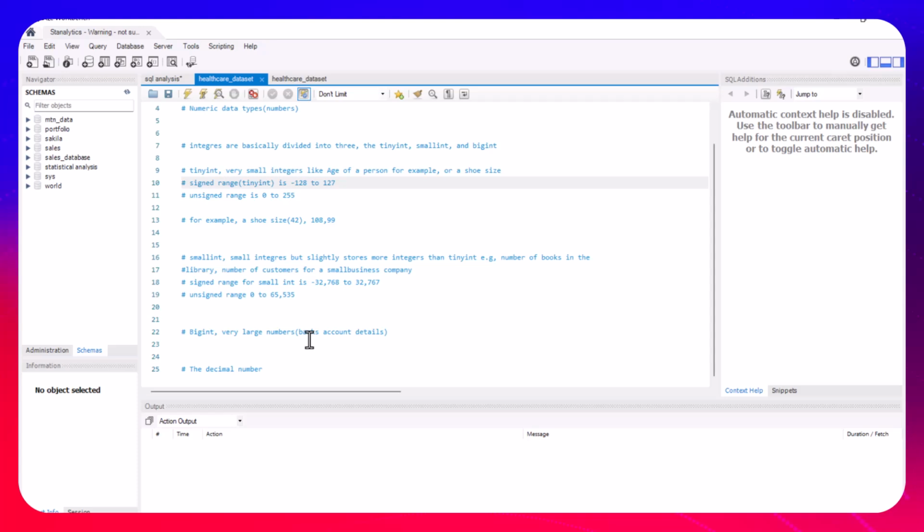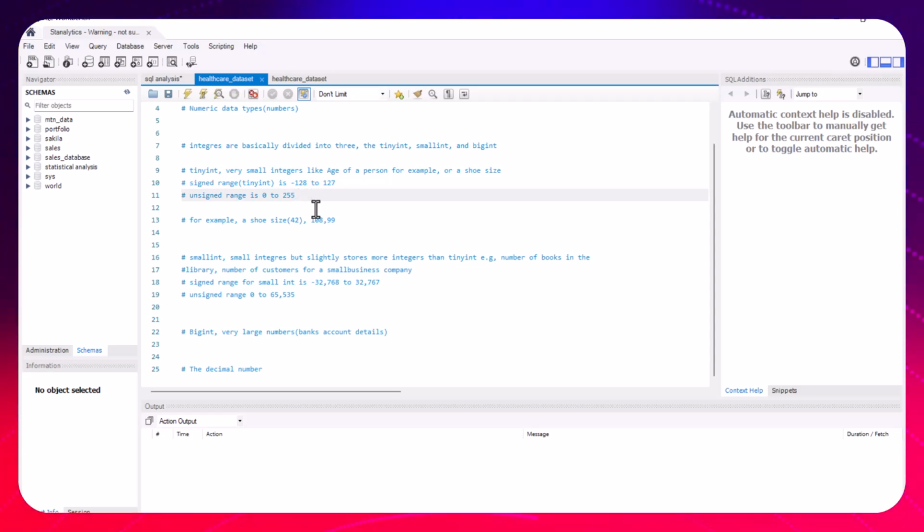But let's say we want to store an integer that can be positive or negative, and one of our customers now adds the value of 128. You can see that it has exceeded this signed range. But if all our data is positive and our customer is within the range of 128 here, we can see that it is still within this unsigned range, and tiny integer is still the best to consider.